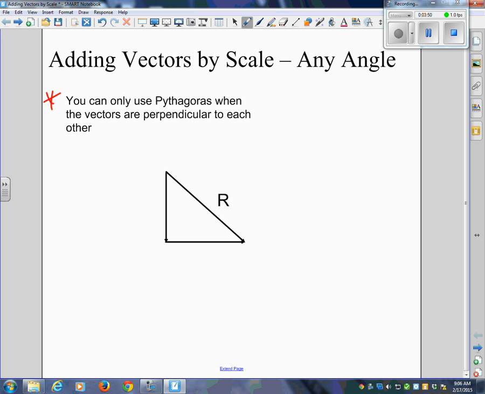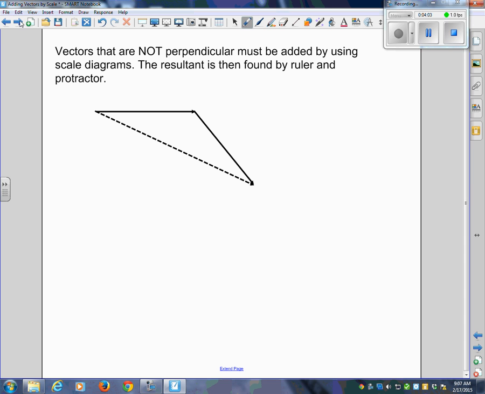They must be perpendicular to each other. 90 degrees, like north and east or something like that, right? That kind of thing. Vectors that are not perpendicular must be added by using scale diagrams. And the resultant is then found by ruler and protractor, which you must have.